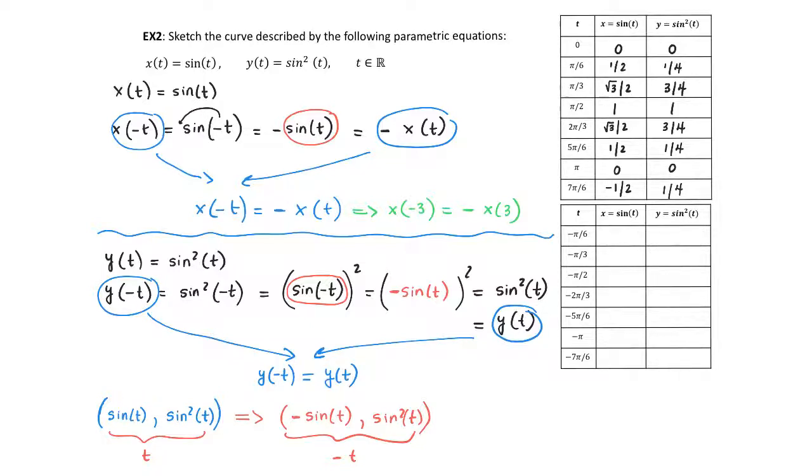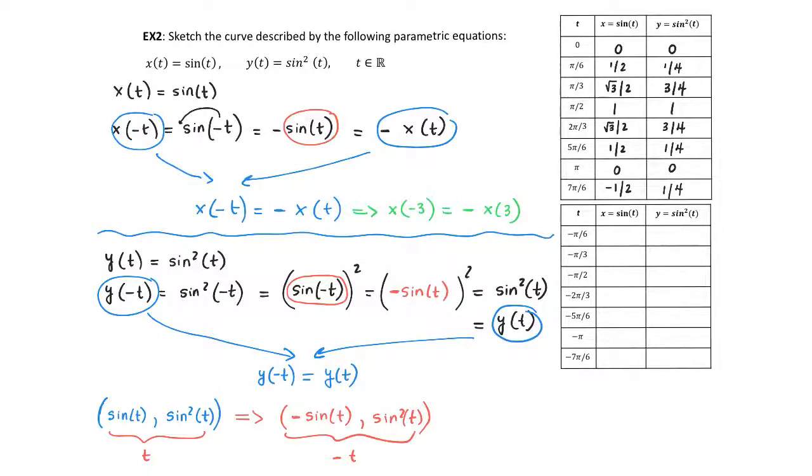Please remember, going back here on the left, the x values are sine of t, and then in the other case, for negative t, the x value becomes negative sine t. So then that makes this quite easy here.